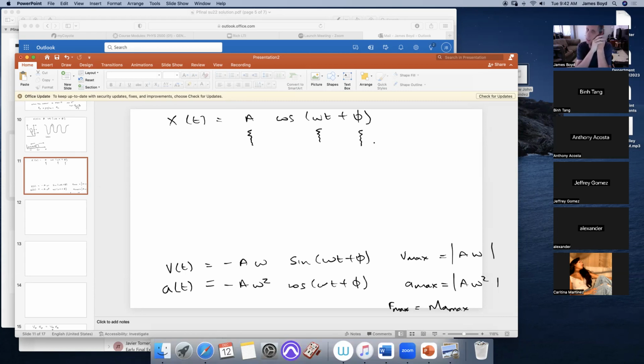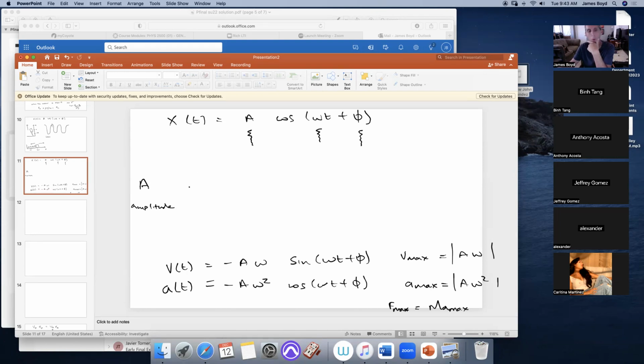The block and spring is a simplified physical situation that could represent anything that has a period, anything that returns in a cycle back to its initial position or state. So how you do this: A is the amplitude.